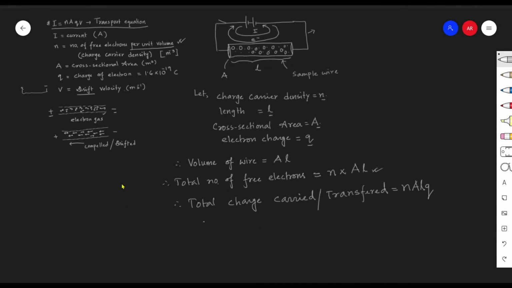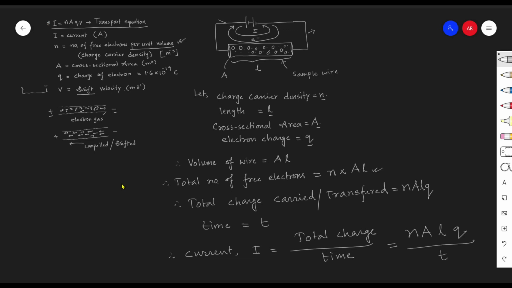So if the time for carrying this total charge is t, then what is the current equation? Current I equals total charge divided by time. And what is the total charge? It is nALQ.